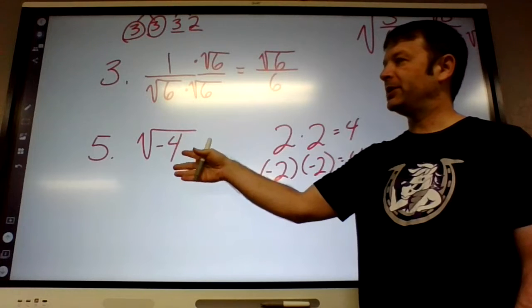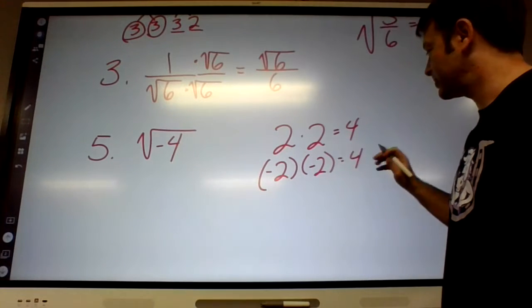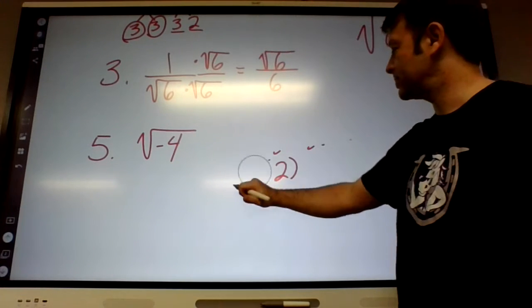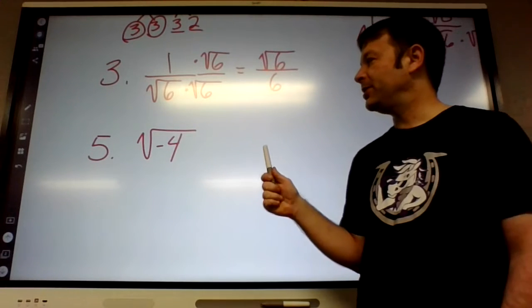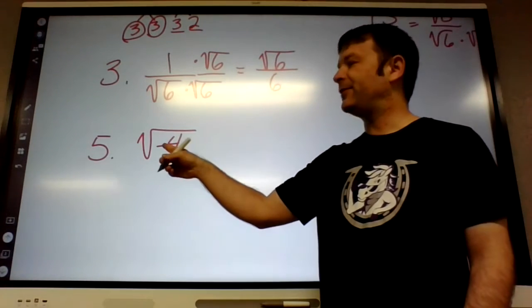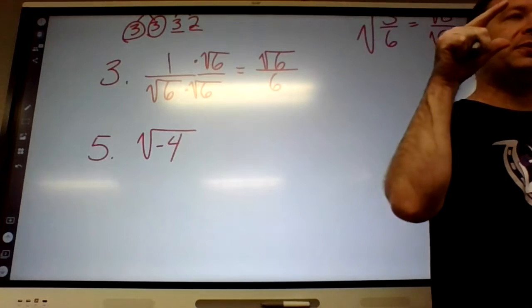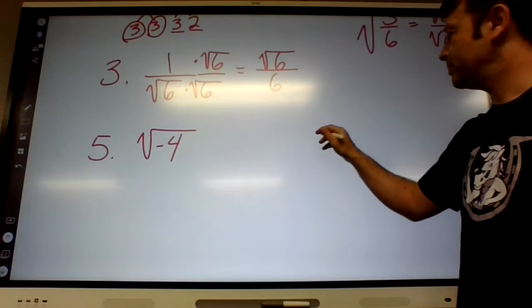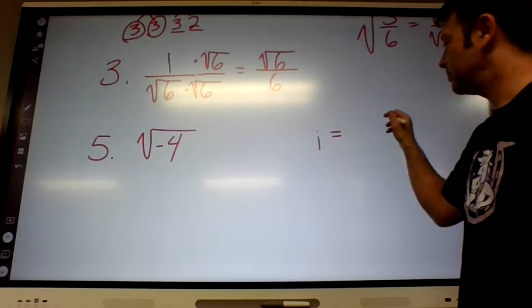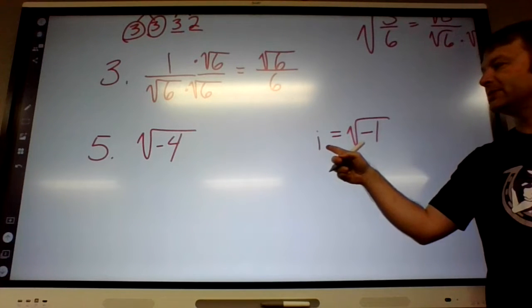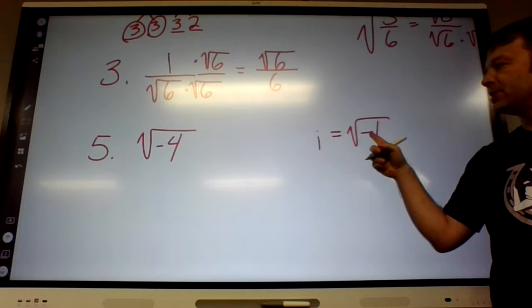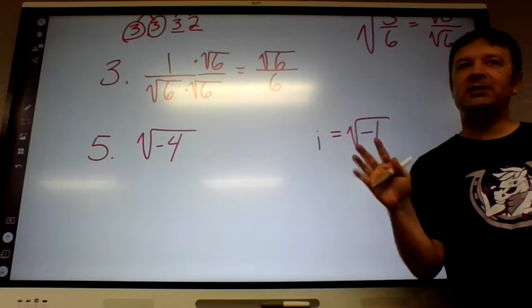Apparently it has applications in electrical engineering or something. So what you do is, if there's a negative inside the square root, you can take it out and call it an I. So if there's a negative in the square root, it's imaginary.